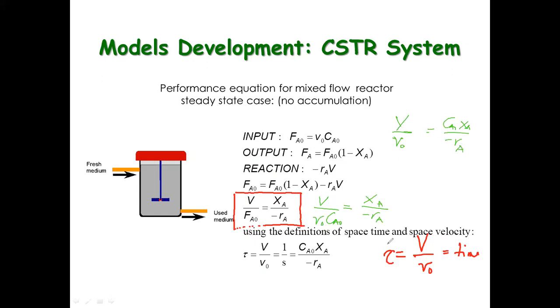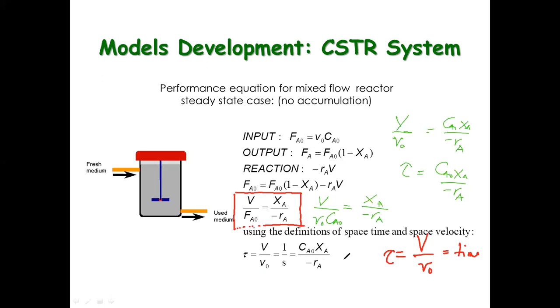The V over v sub O, as stated in the previous slide, is tau. So tau is equal to CAO XA over the rate. There is no need for you, again, to integrate in the case of the CSTR. So that is why my students will always be very happy, especially if they are solving a single CSTR problem.